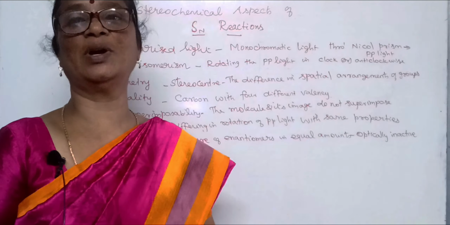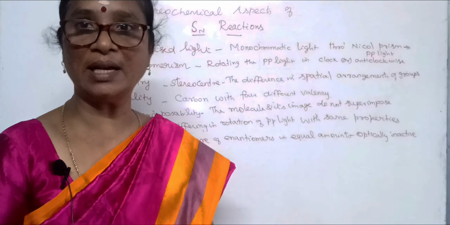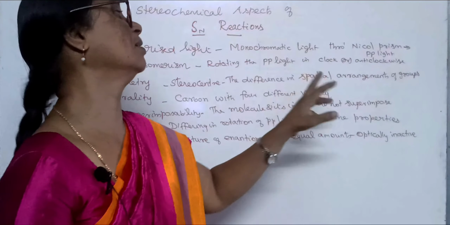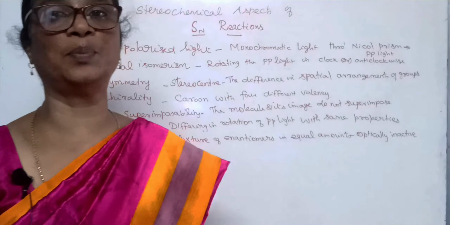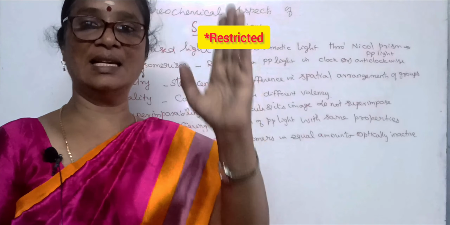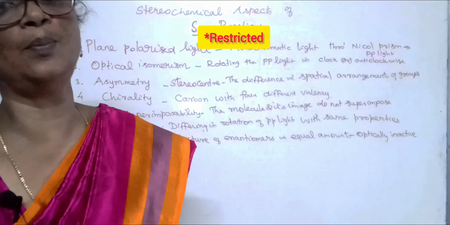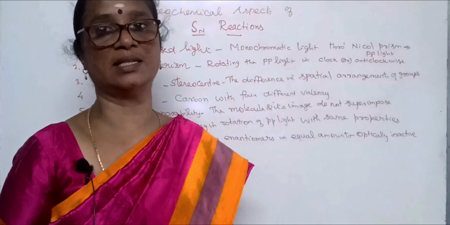Monochromatic light usually travels in all possible directions. But when it is passed through a nicol prism, the propagation of light is confined to a single plane. Such light is said to be plane polarized light.